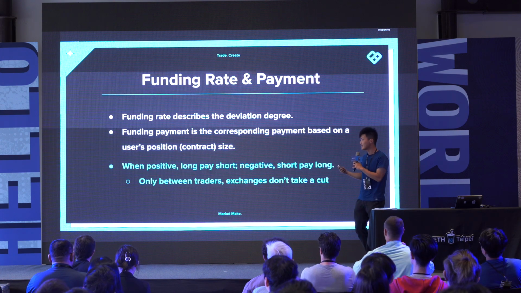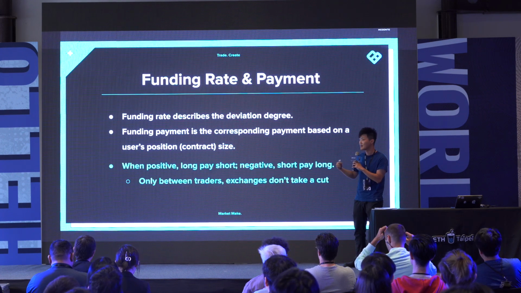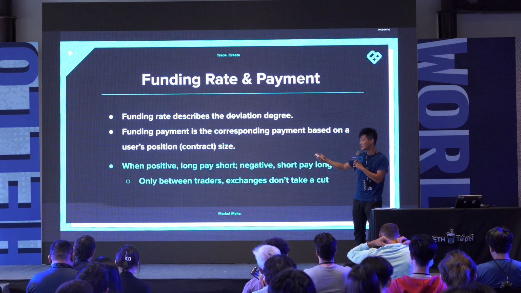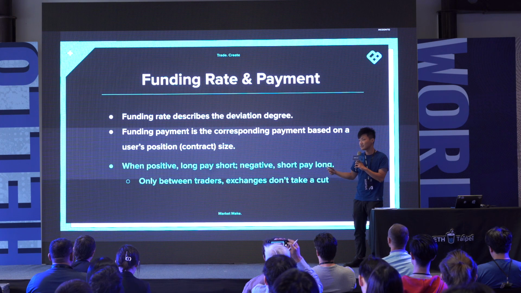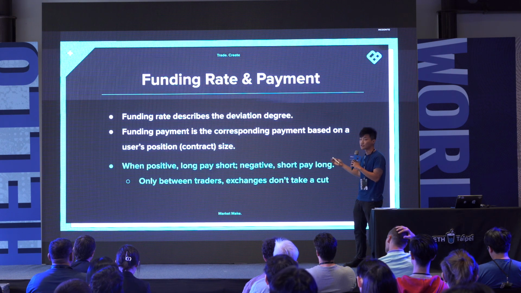And a really catchy one-liner to remember how funding rate works is: if funding rate is positive, then long position holders are going to pay short position holders. And vice versa, if funding rate is negative, then short position holders are going to pay long position holders.